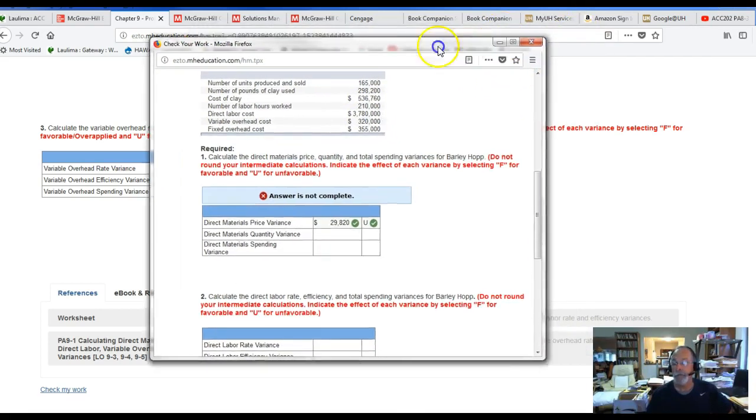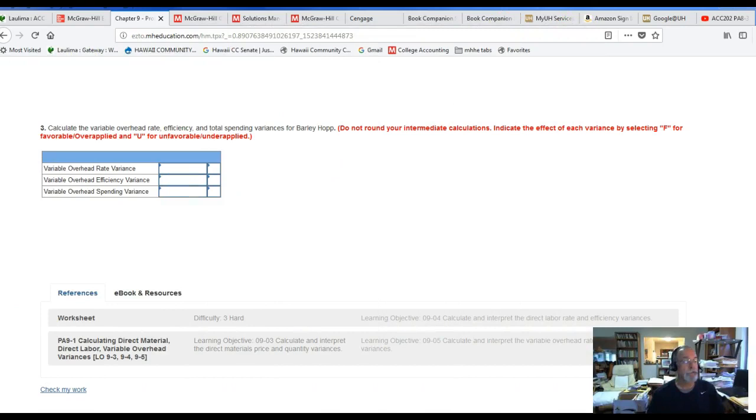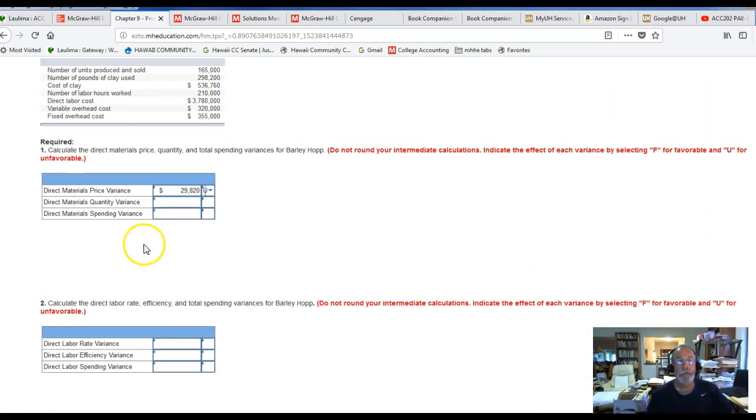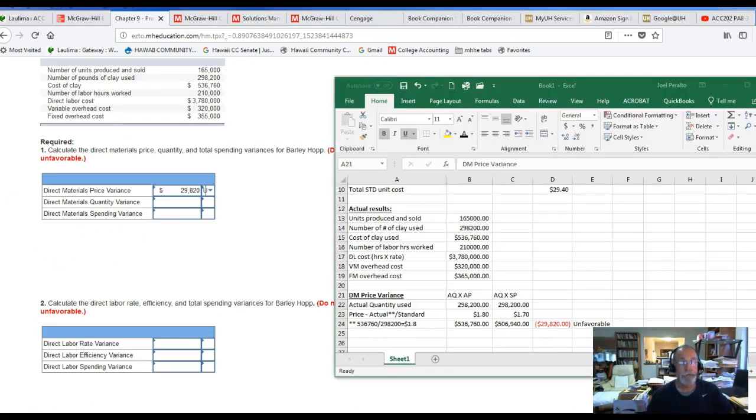So you might be able to tell by what we just did that this isn't really that difficult, but it is time consuming. Okay. So next up is our direct material quantity variance.